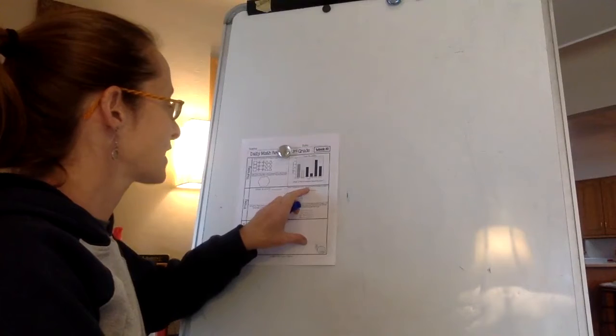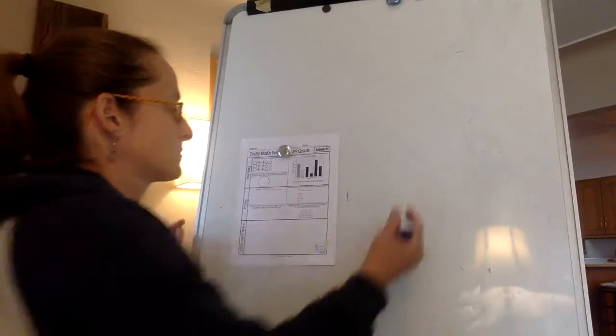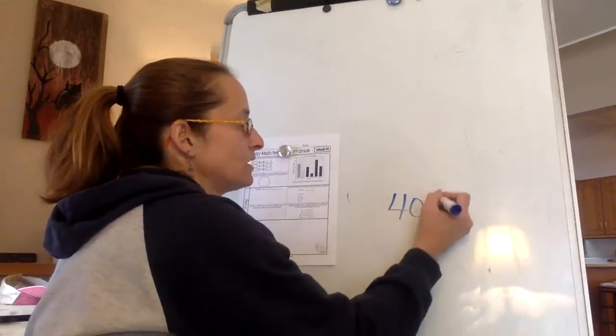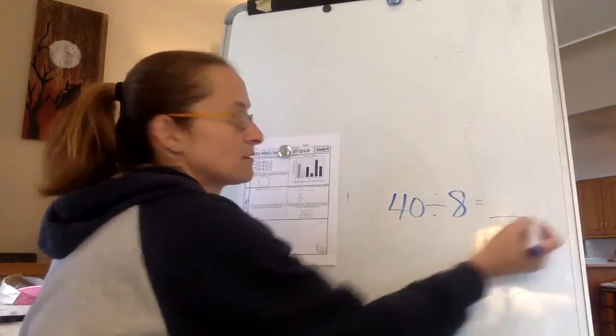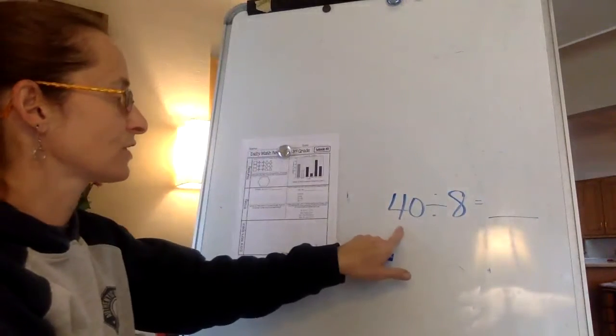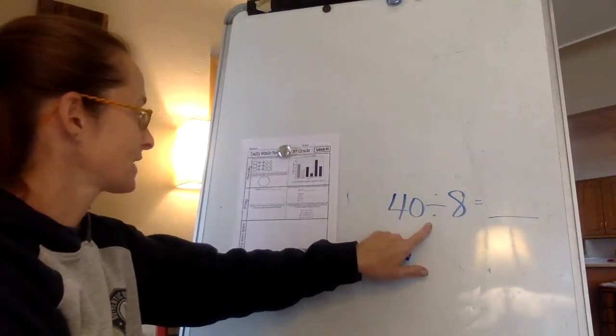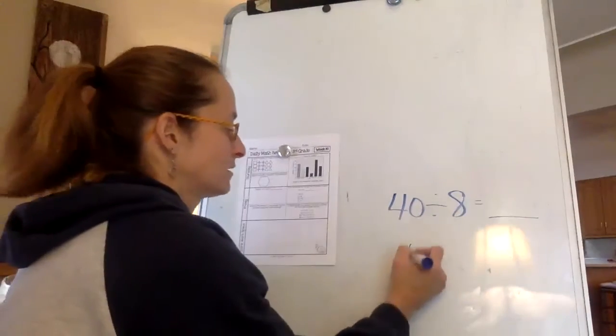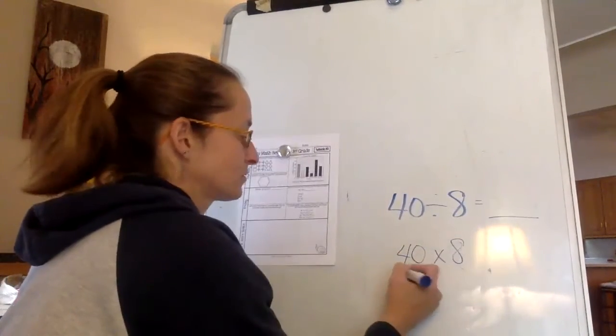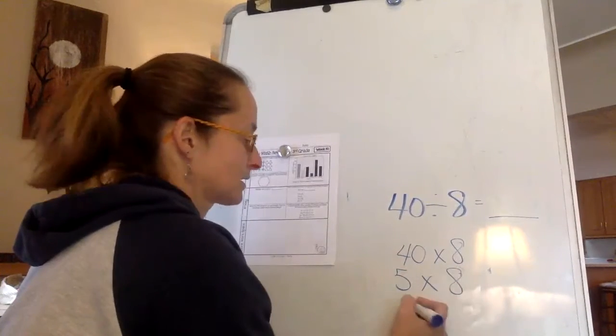So let's take a peek at the next problem. Which multiplication fact will help solve this division problem? So using what we know about multiplication and division. First of all, what's the opposite of division? That's multiplication, right? So you've got a whole bunch of choices down on the bottom. And I will put those on here for you so you can see them a little bit better.